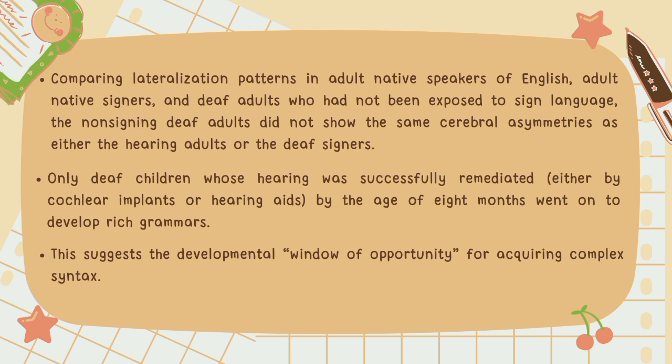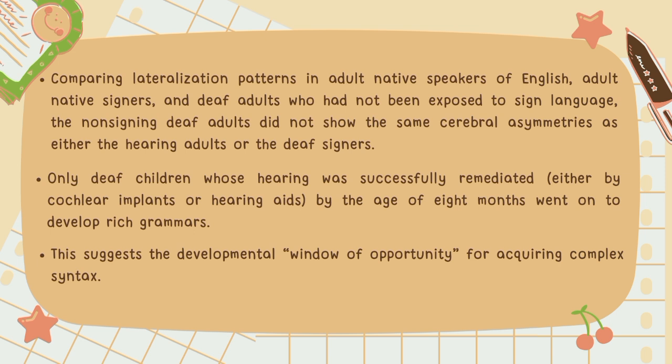Now, the study found that only deaf children who had their hearing loss successfully addressed with cochlear implants or hearing aids by the age of 8 months developed rich grammatical skills. This indicates that early intervention is critical for the development of complex grammatical structures and language.